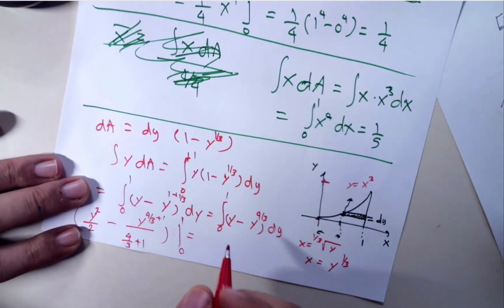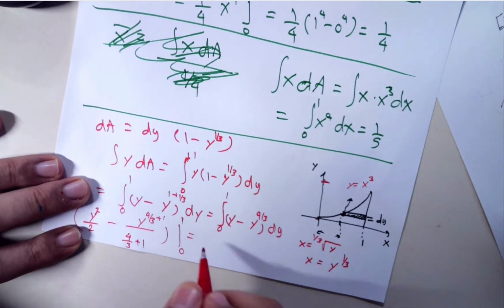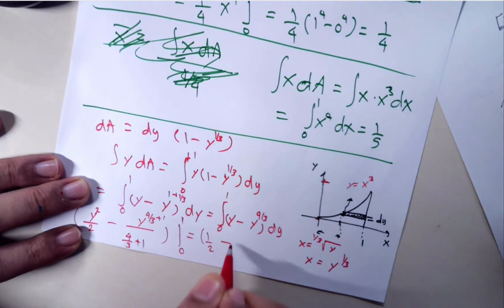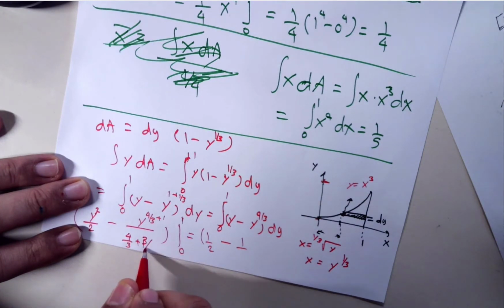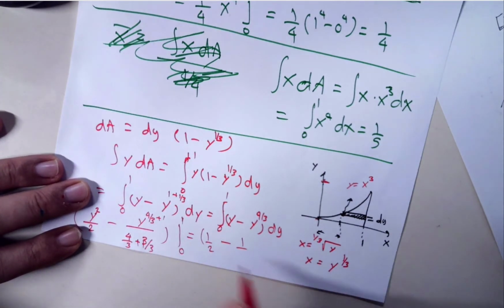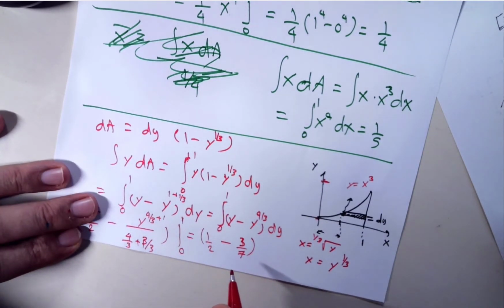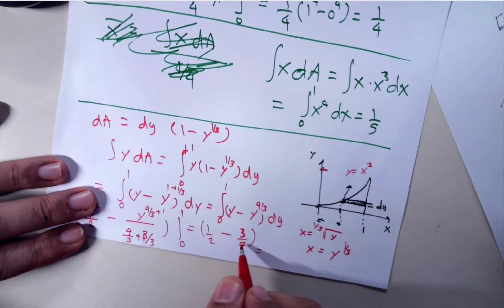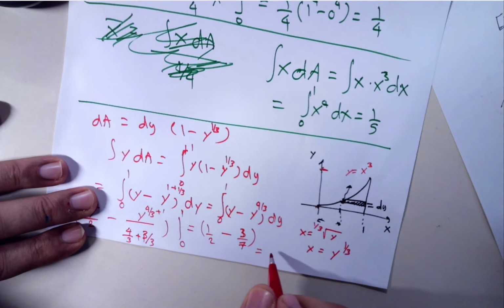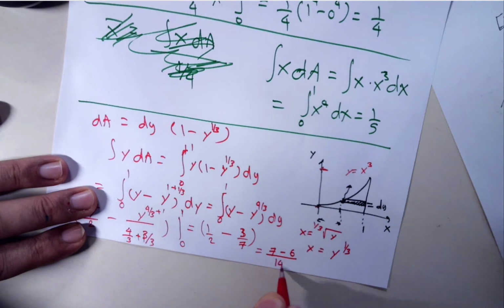So doing all of this, it's going to be 1/2 minus 3/7, and this is equal to, let's do it this way, multiply it, so it's 7 minus 6 over 14.